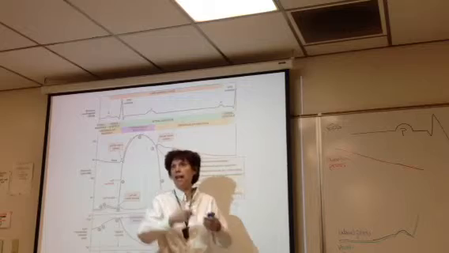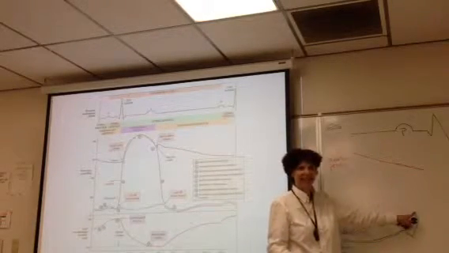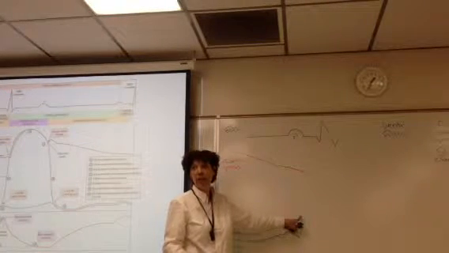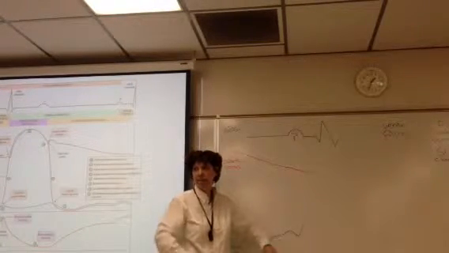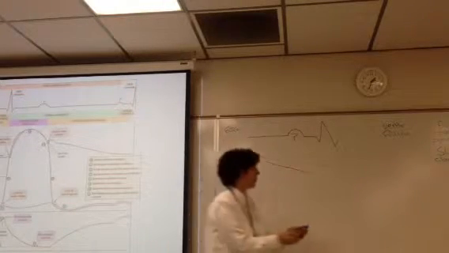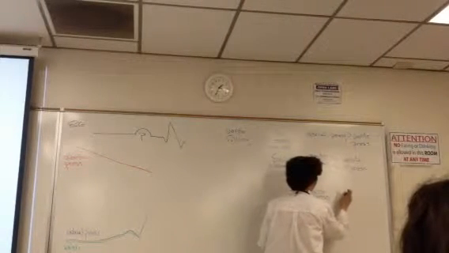Then the atria contract, the ventricles contract, pressure rises. As soon as ventricular pressure is greater than atrial pressure, AV valves close. All right? So ventricular pressure is greater than atrial pressure.